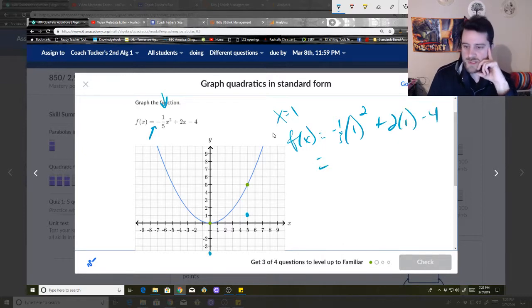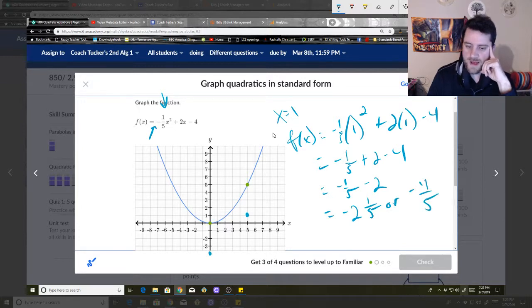This is why I chose this. This is just going to become negative 1/5. Plus 2 minus 4, that's negative 1/5 minus 2. That's negative 2 1/5, or negative 11 over 5. So negative 2 1/5, somewhere right around there.